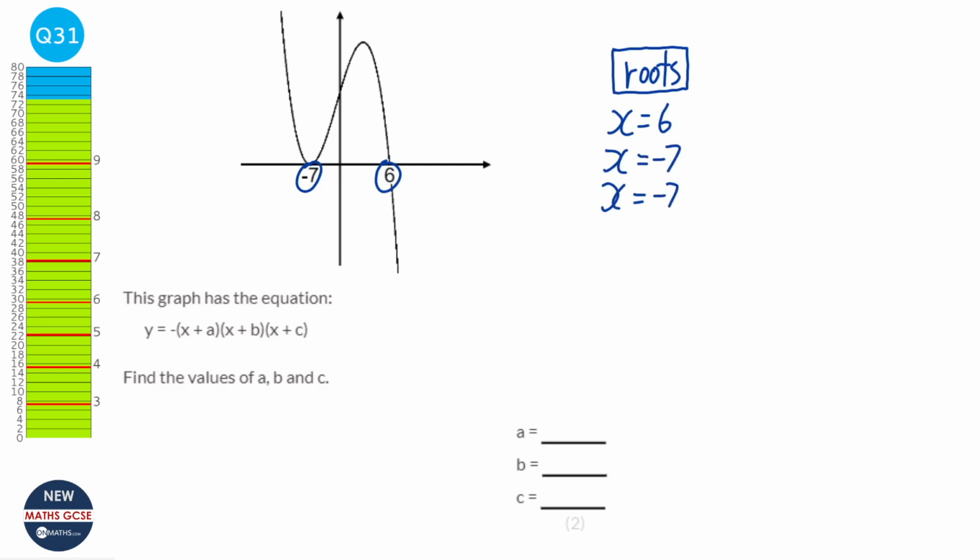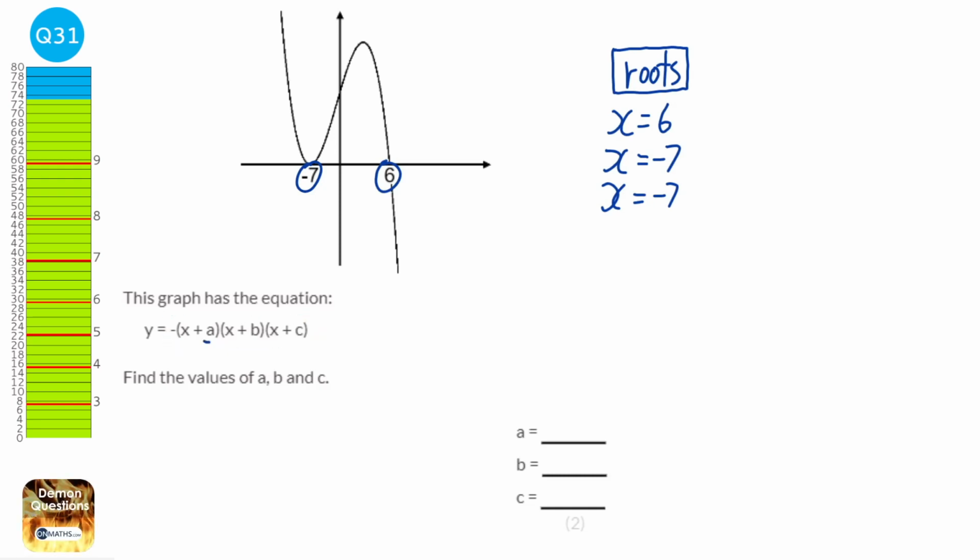So there's technically 2 roots there. Sort of one root, but it counts twice because it's going down on one root and then up on the other root. So with these, we need to make sure that at x equals 6 and x equals -7, the whole equation equals 0.